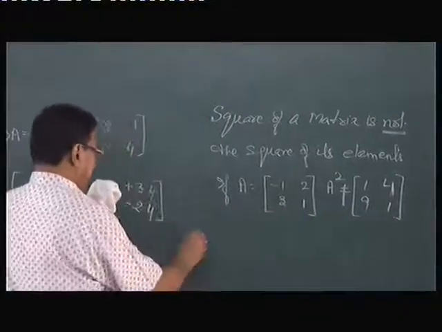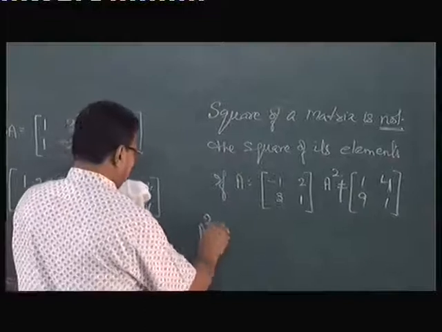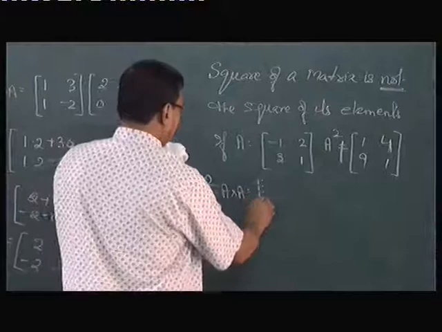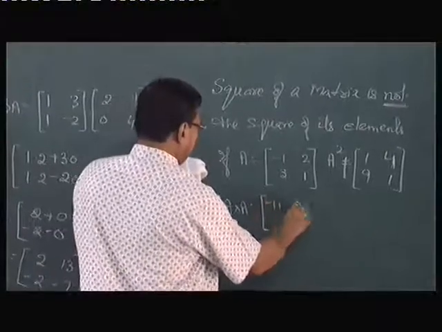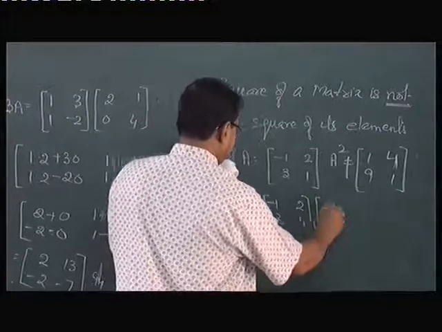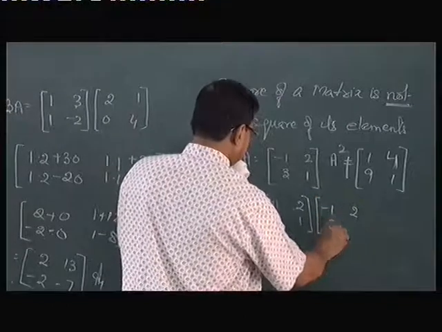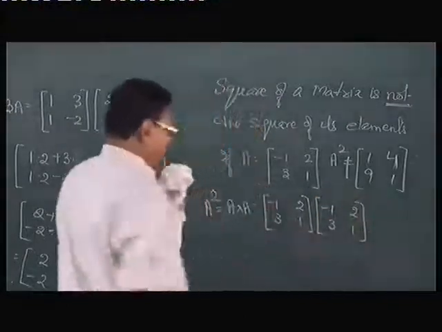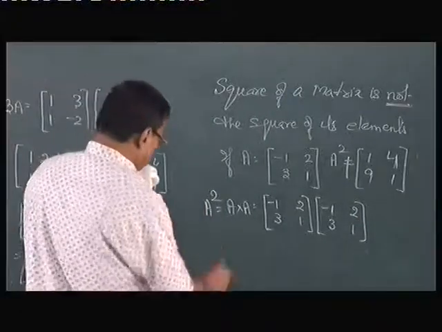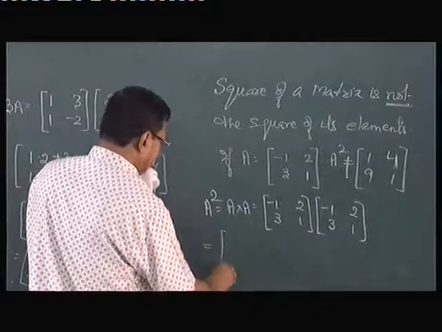So to find A square is A into A. That means the two matrices will be multiplied. So matrix multiplied with itself is the square. Method of multiplication remains the same.